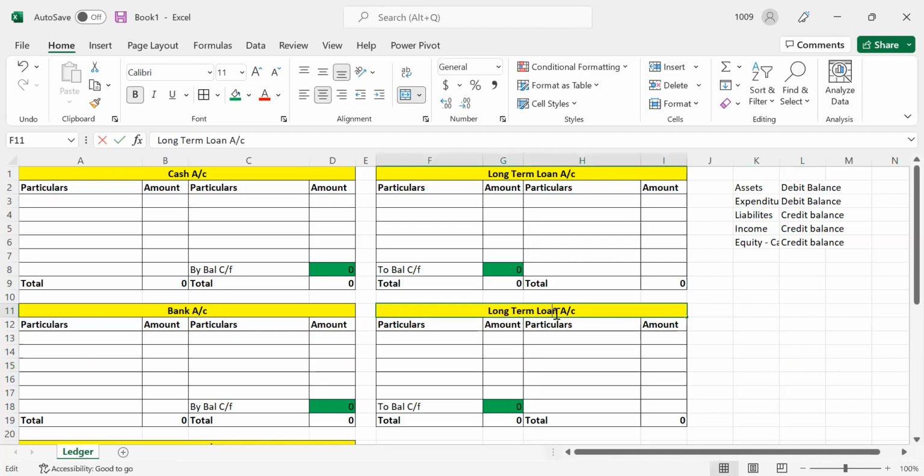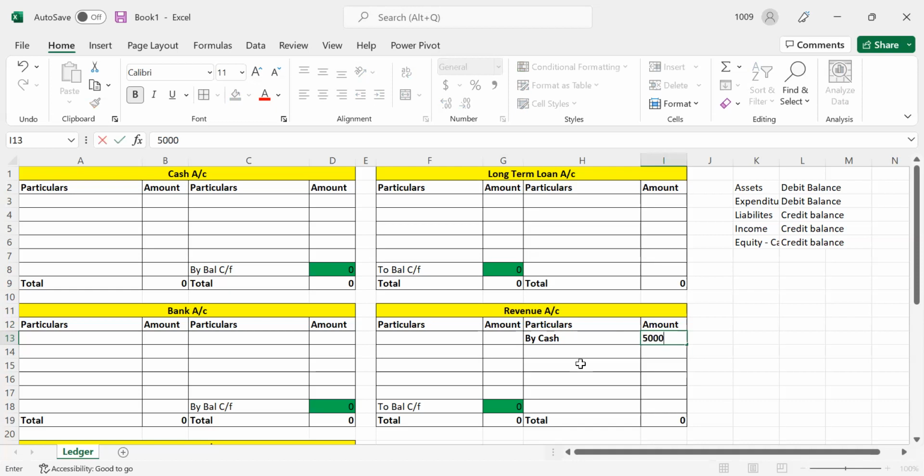We know that revenue is also a credit balance. For the journal entry, you may have some entry in which you have received revenue. If they say the cash that you have received, then cash account debit to revenue.